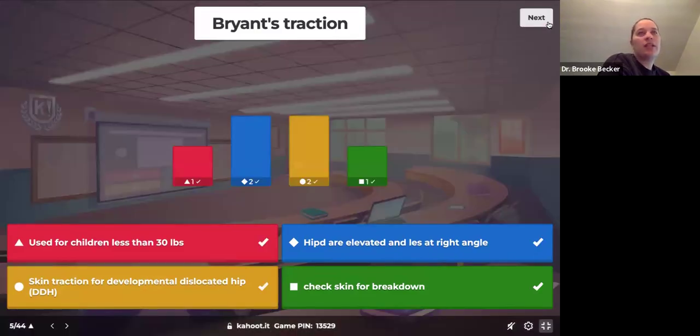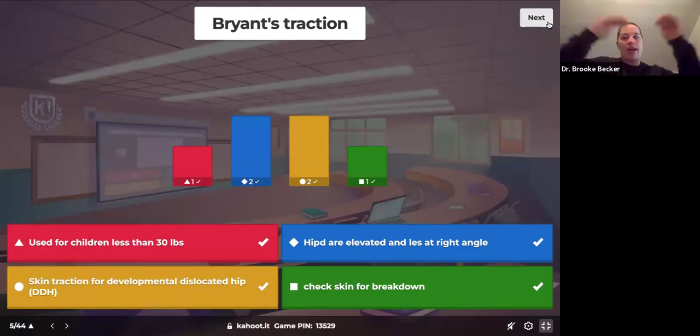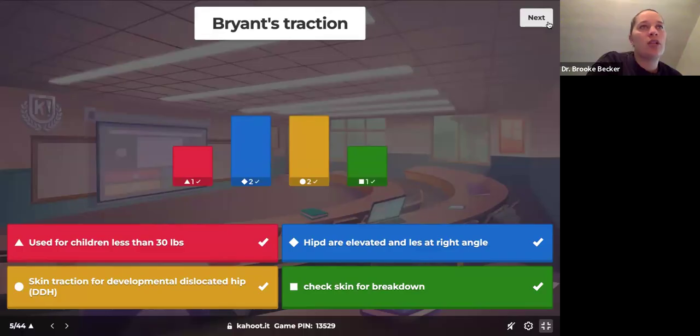Okay, so it's used for kids 30 pounds or less for developmental dislocated hip or hip dysplasia. Okay, and the hips are slightly elevated and the legs are at right angles. And then just like with any form of traction, you're going to have scheduled skin checks, because you want to make sure that there's not skin breakdown happening where that traction is attached. Okay.